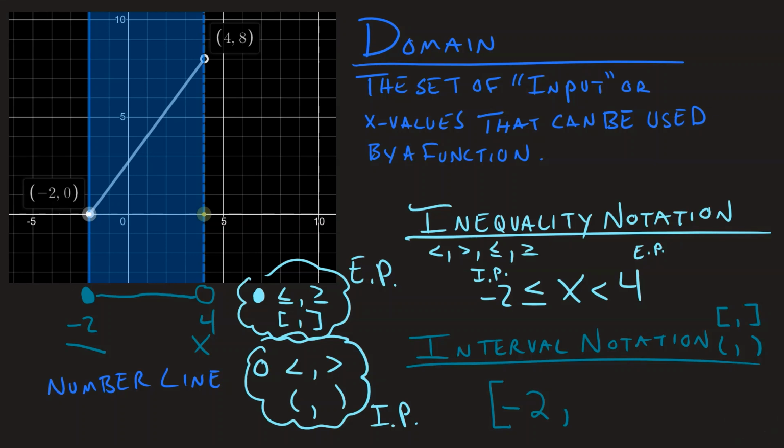And my right endpoint was 4, and that is going to be an excluded point, so we use a parenthesis. Really, both of these types of notation describe the exact same thing, just in a slightly different format. Mathematicians, math teachers especially, love to use interval notation. However, a lot of programs, including Desmos, prefer using inequality notation.